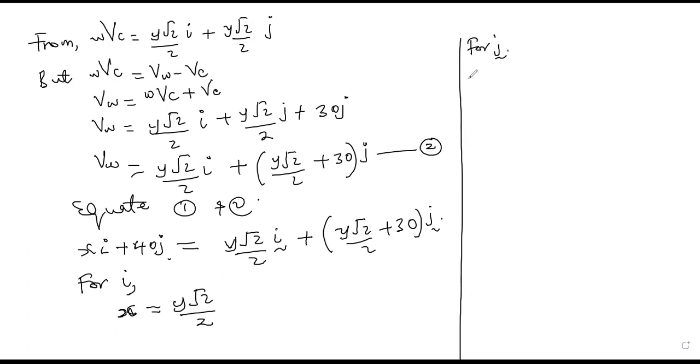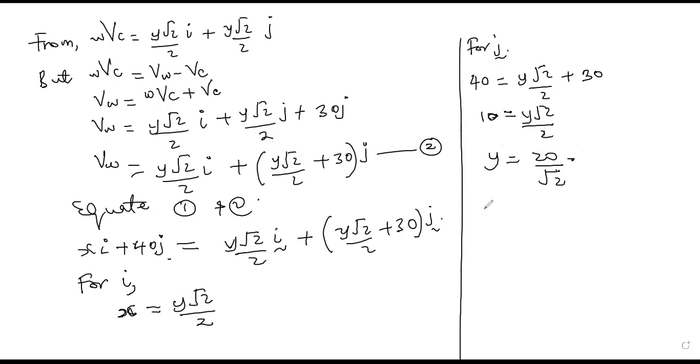Then for j, we are going to see that 40, this side we have 40, is equal to y √2/2 plus 30. So you can see that 10 is equal to y root 2 over 2. And your y will be 20 over root 2.